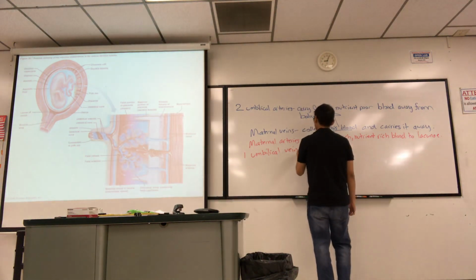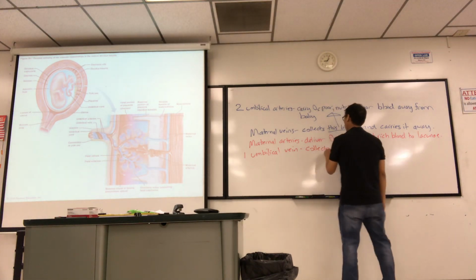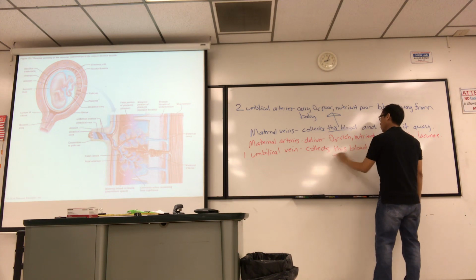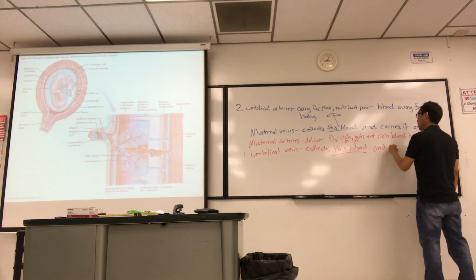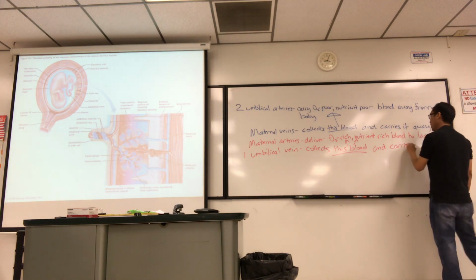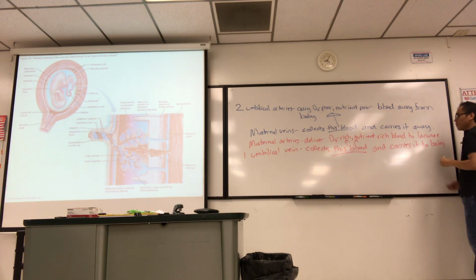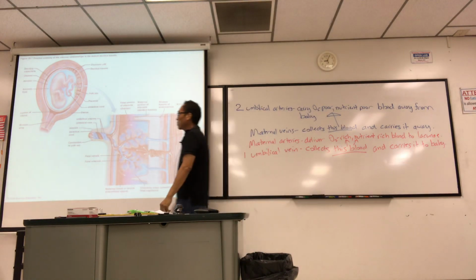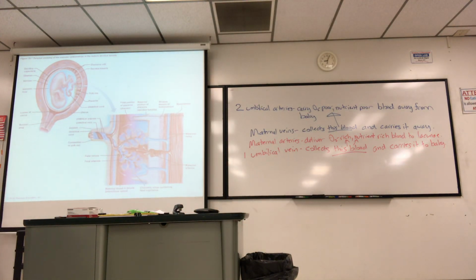One umbilical vein collects this blood, and it carries it to baby. So that's all in the umbilical cord. So the umbilical cord is the lifeline because it has the one umbilical vein there.